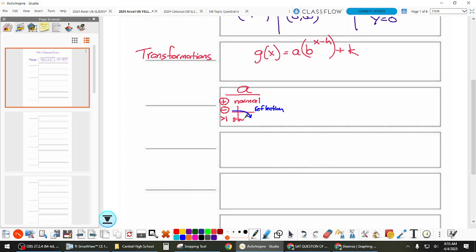It's a stretch. If it's between 0 and 1, it's a compression. In other words, it grows faster or slower, like it used to. Alright.